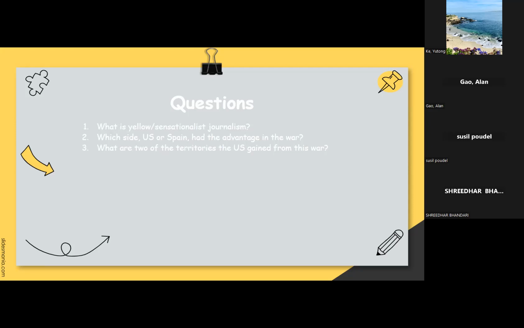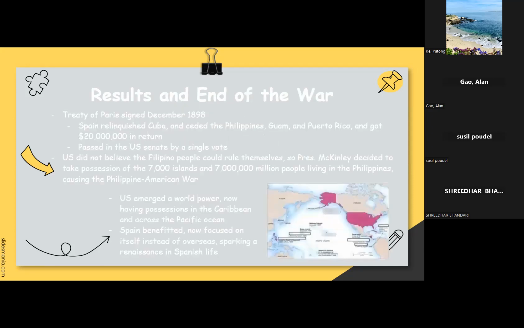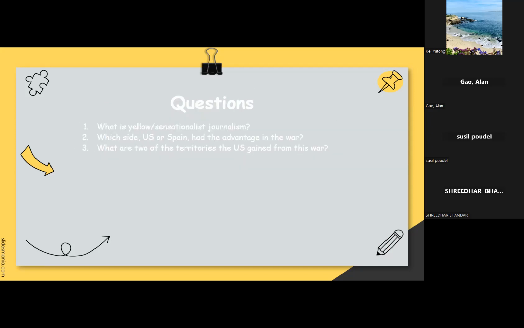I don't think anyone remembers, but we gained Cuba, Philippines, Guam, and Puerto Rico. So any two of those would have worked.